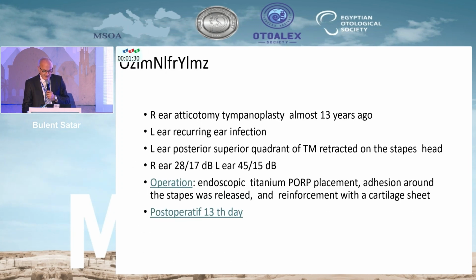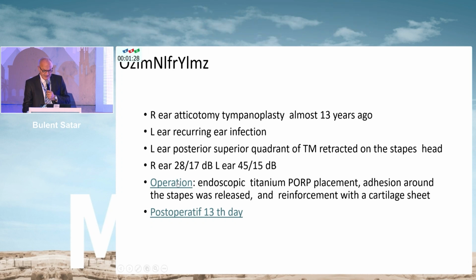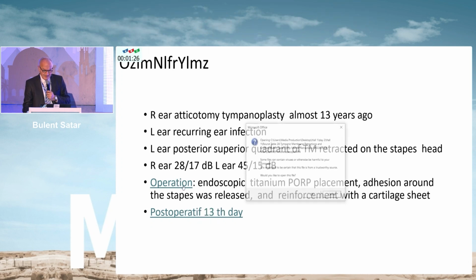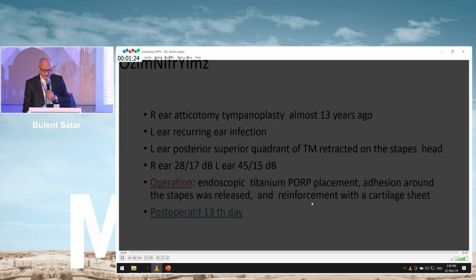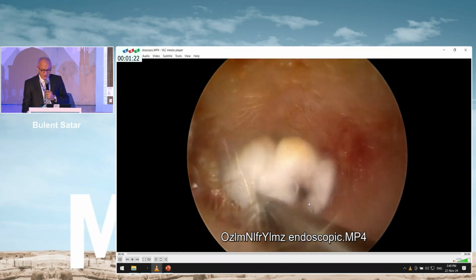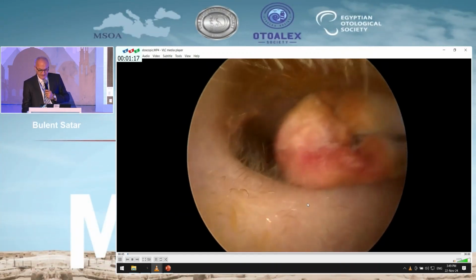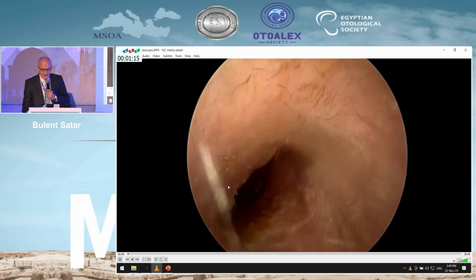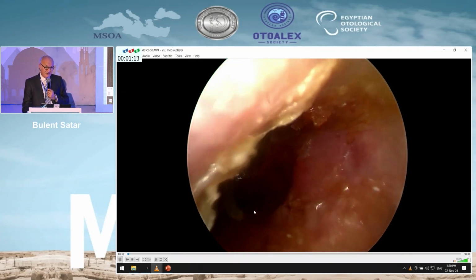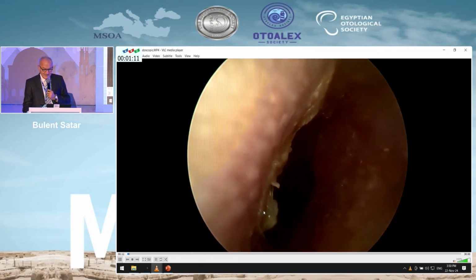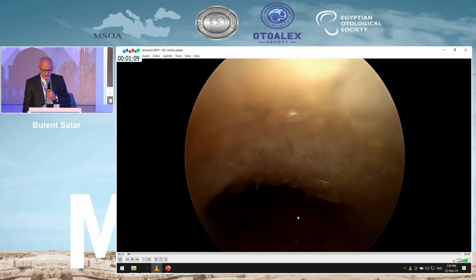I have several cases, actually. This patient at first had a perforation in the posterior superior quadrant, but during the operation, I noticed that the perforation was closed, but deeply retracted over the joint.